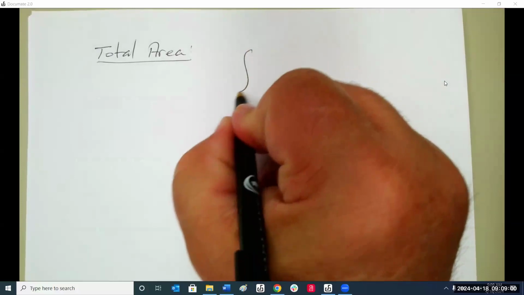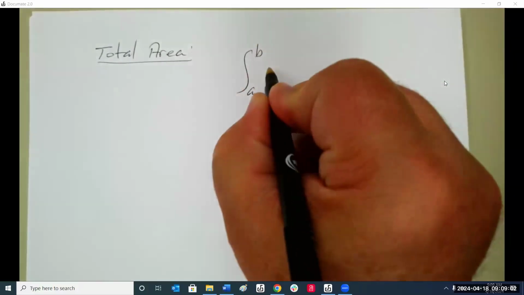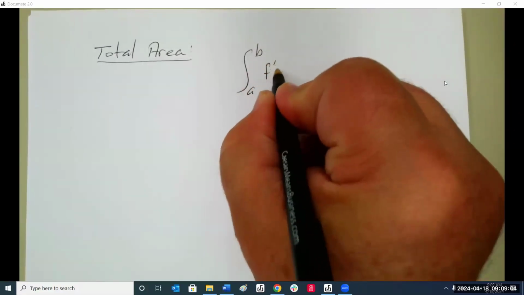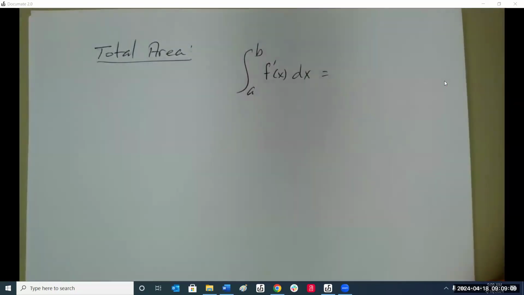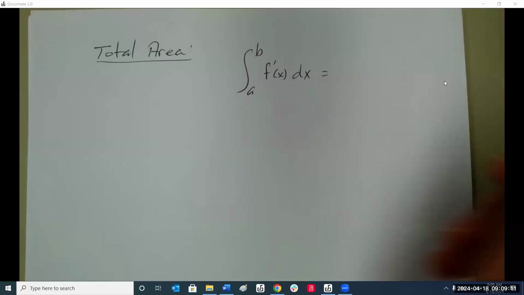What do we, the total area? How do we find the total area? Because if we just take the integral from a to b of some function, will we get the true area under the curve?